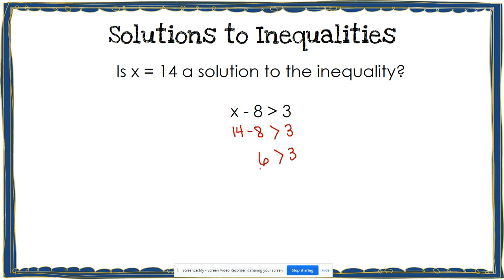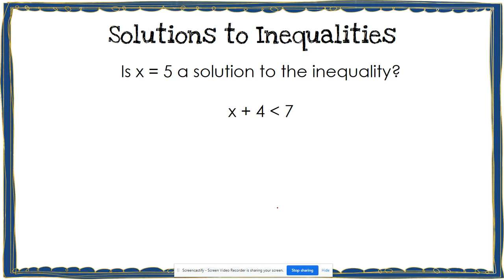And what I need to do is look at this statement, which is 6 is greater than 3, and ask myself, is that true? Is 6 greater than 3? Well, yes, 6 is greater than 3, which means 14 is a possible solution to this inequality. So yes, x equals 14 is a solution to this inequality.